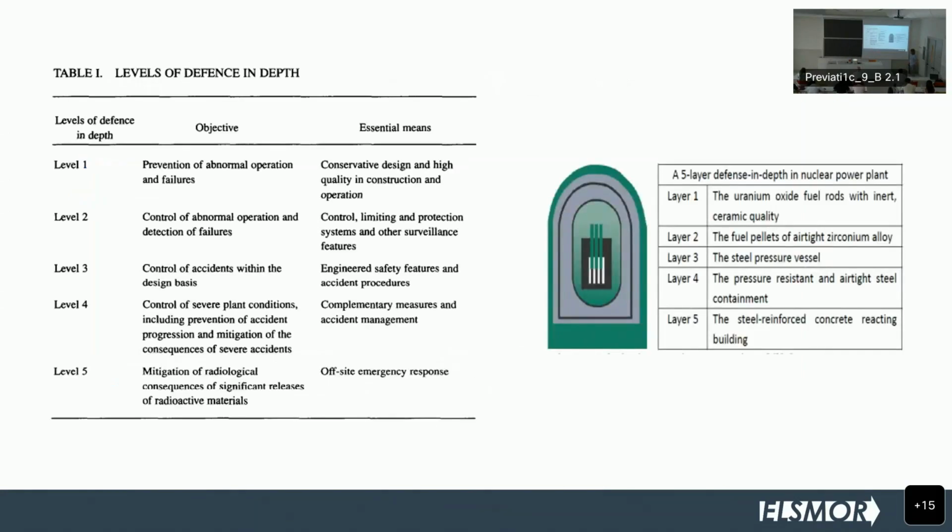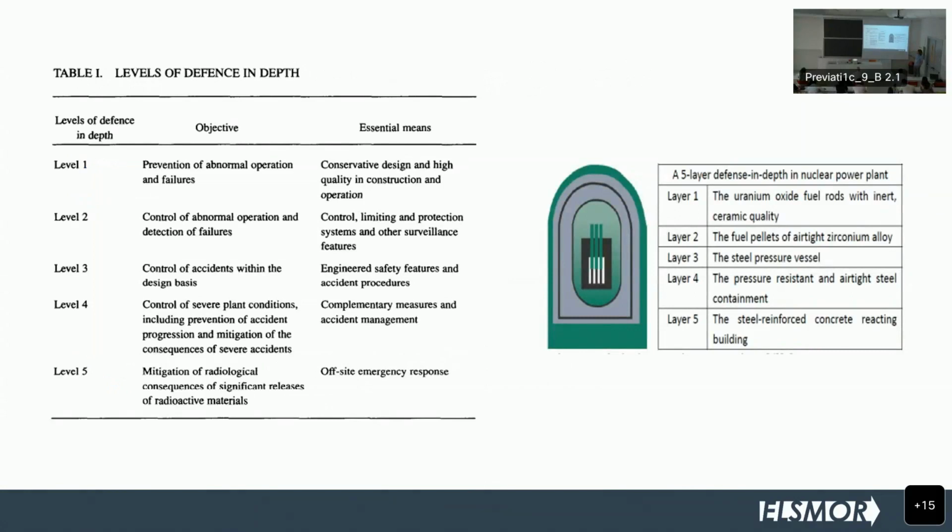So this is basically from some IAEA material. So basically we have the different levels of defense in depth. We want to prevent abnormal operations and failures. We want to control these abnormal operations.